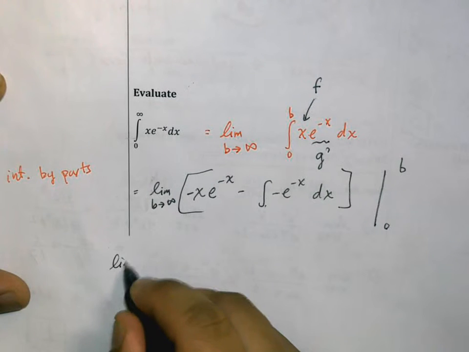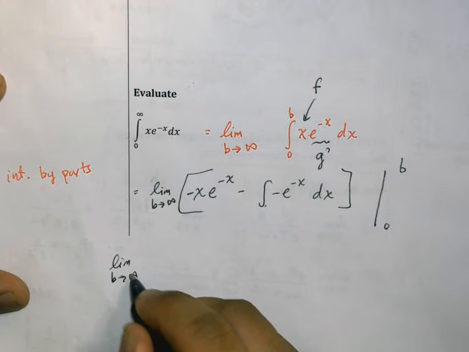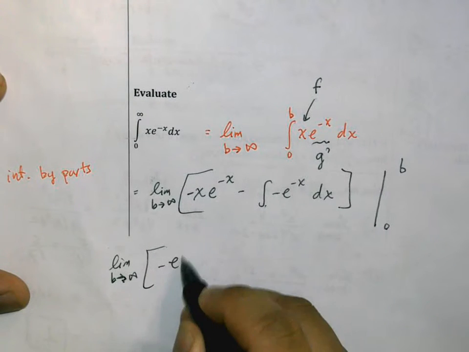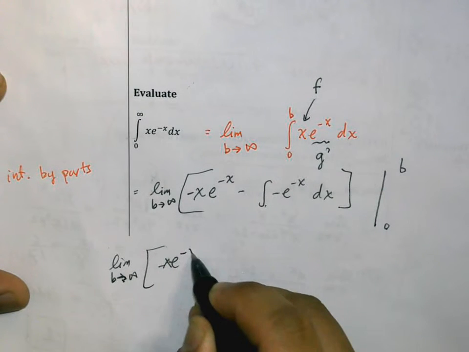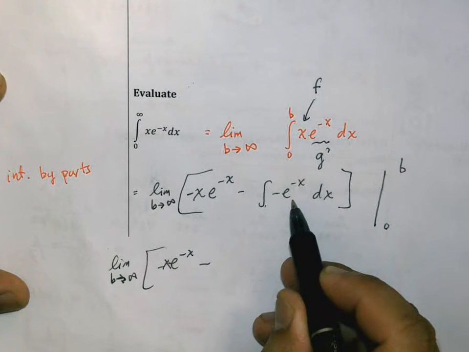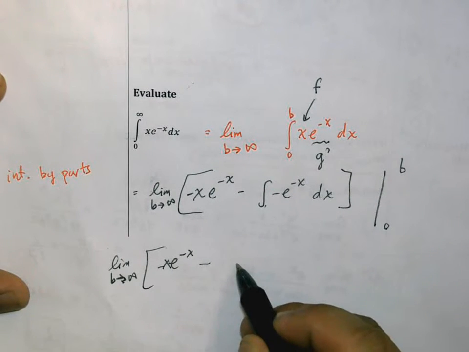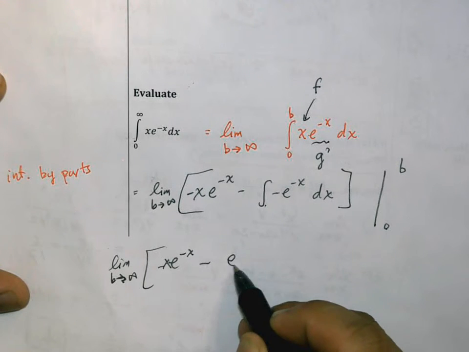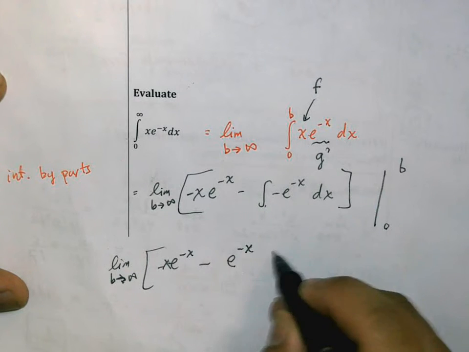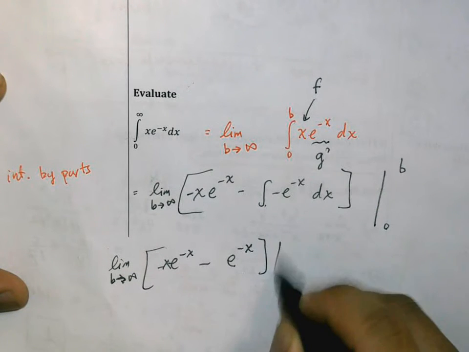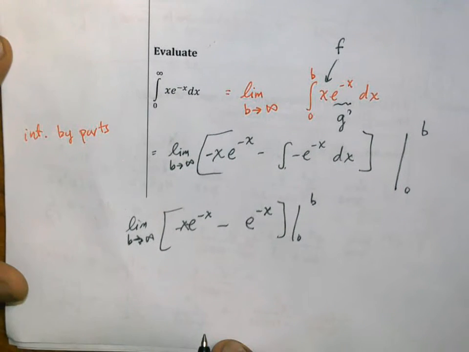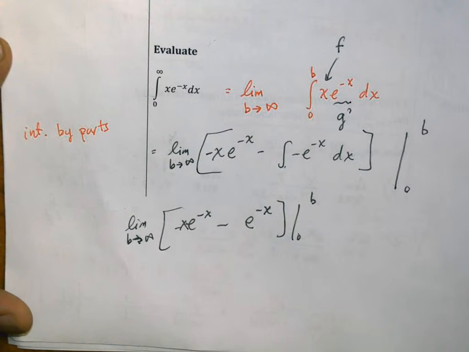So this is the limit as b approaches infinity of negative x e to the negative x, minus the antiderivative of negative e to the negative x, which is positive e to the negative x. And then this is all evaluated between 0 and b. So let's make our substitutions.